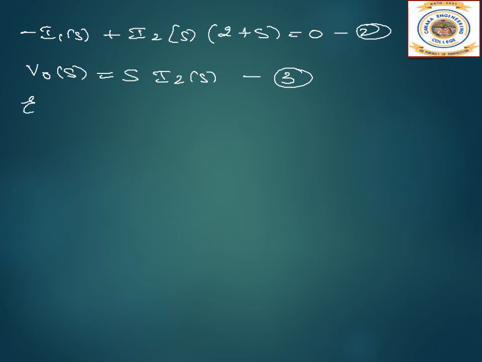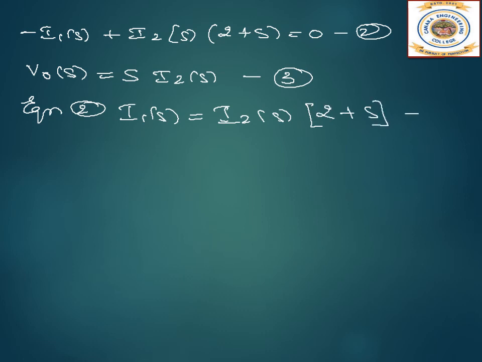Considering equation 2, we know that it is minus I1 of S plus I2 of S into 2 plus S. So I can take I1 of S in terms of I2 of S, which is equal to I2 of S into 2 plus S. I'll write this as equation 4.